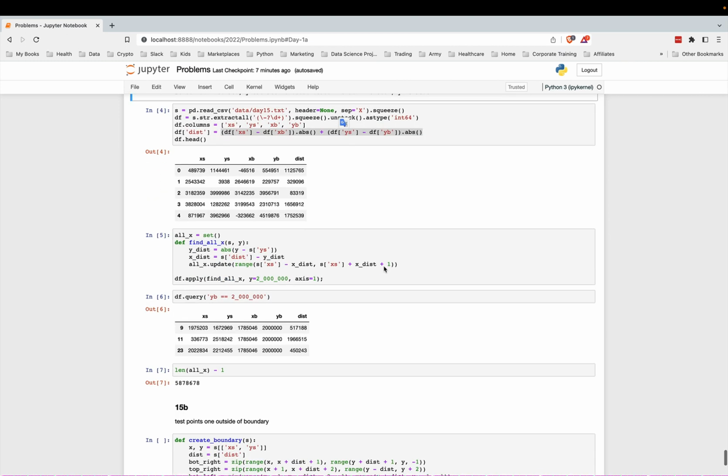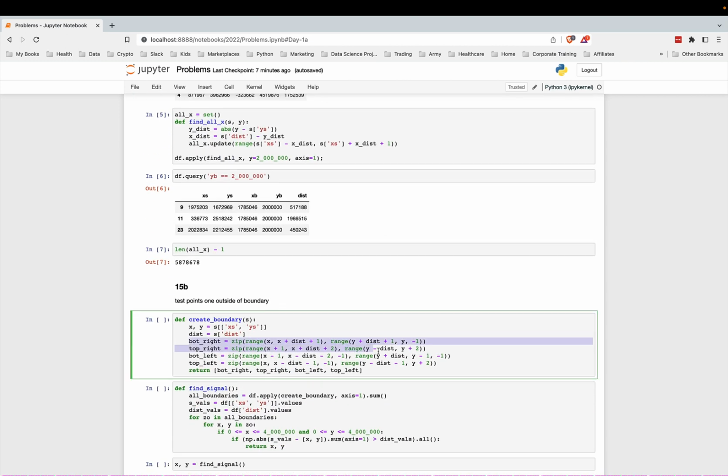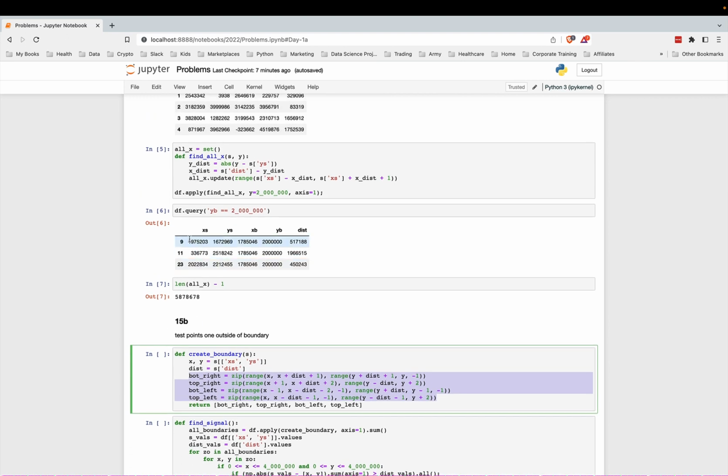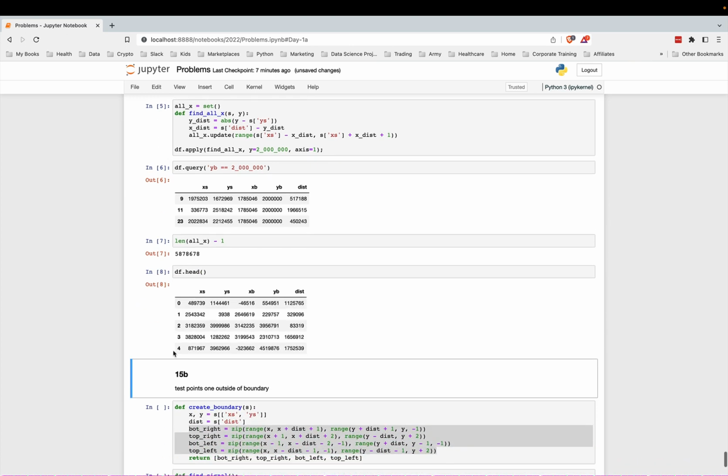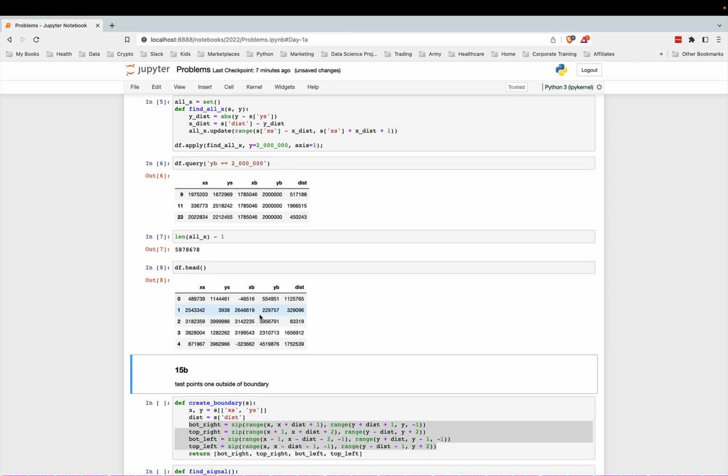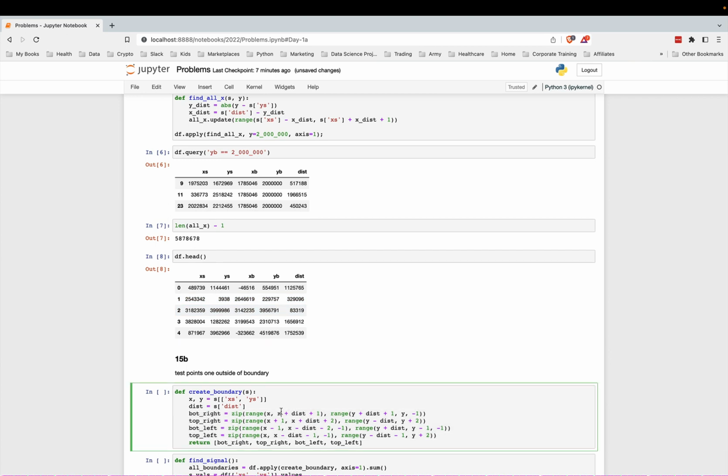So what I did was I just collected all of the boundaries. So I went through one at a time. Let's just go ahead and look at the code again. So I looked at every row at a time. I calculated the bottom right-hand boundary as a range over here.